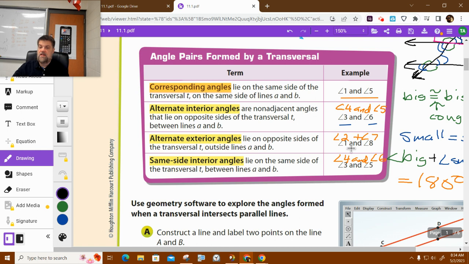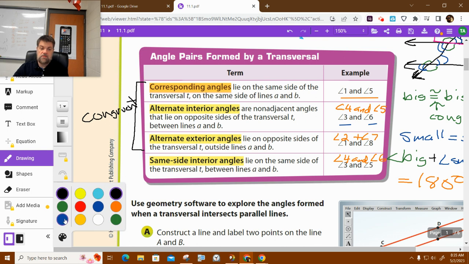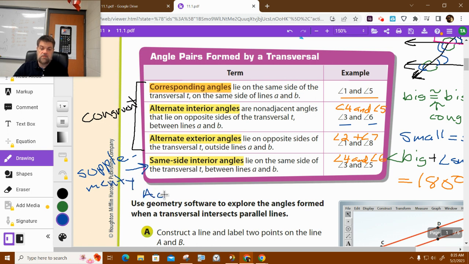All right? These first three are congruent. Write this down in your book. And this right here, those are supplementary. That means those angles add up to 180. Got it?